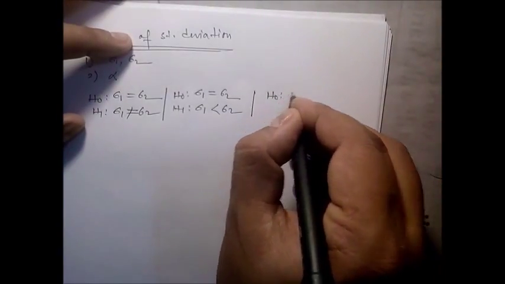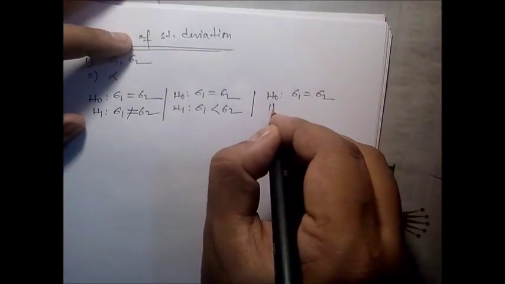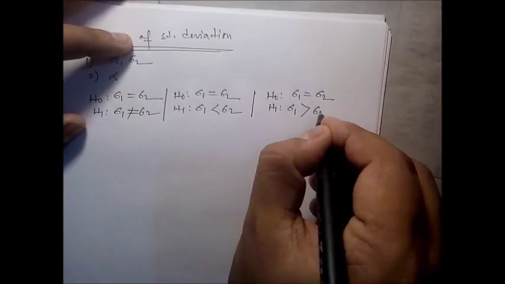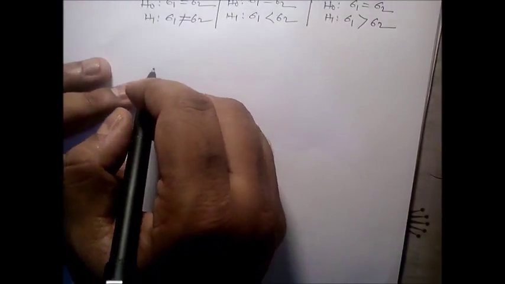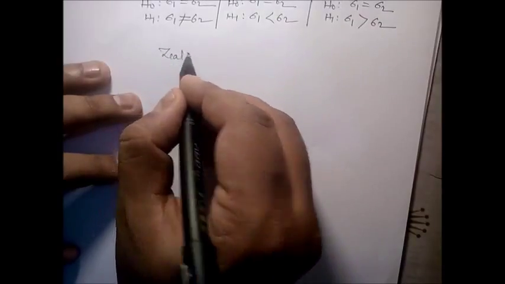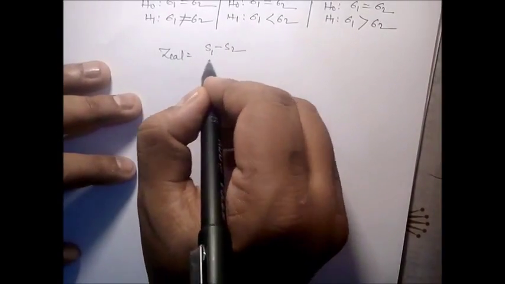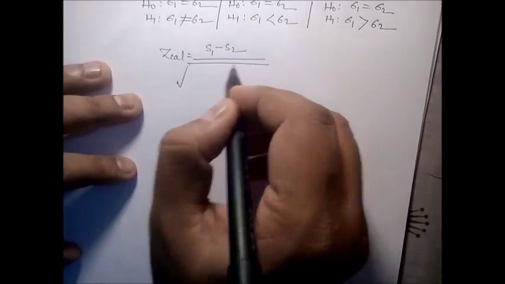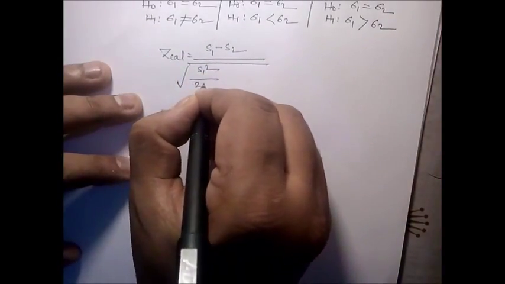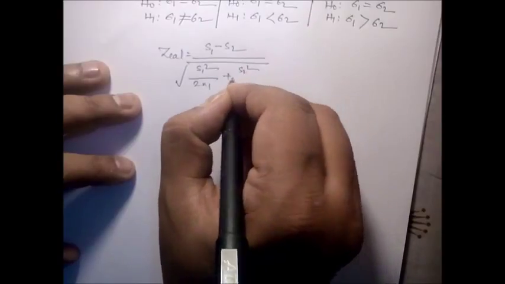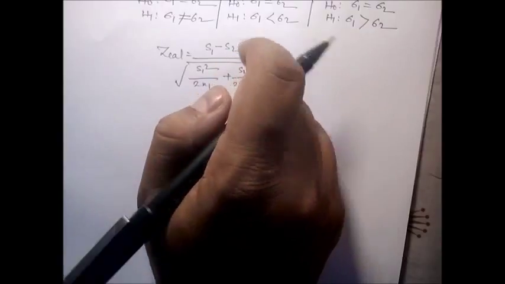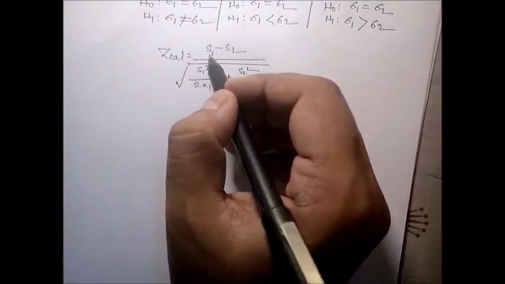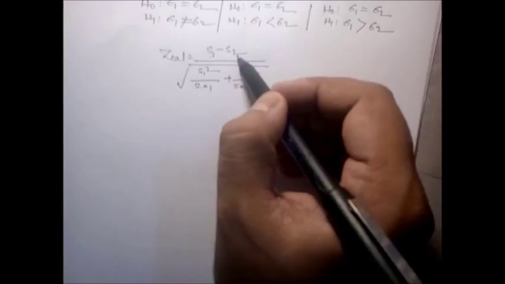For right-tailed test, H0 sigma 1 is equal to sigma 2, and H1 sigma 1 is greater than sigma 2. Under the null hypothesis, this statistic is S1 minus S2. What is S1? S1 is the sample statistic for population 1. And S2 is the sample statistic of the second population.